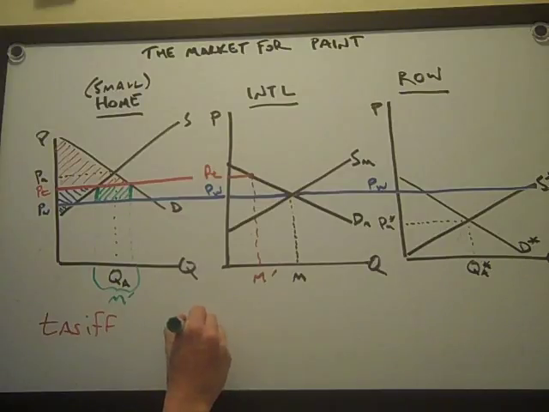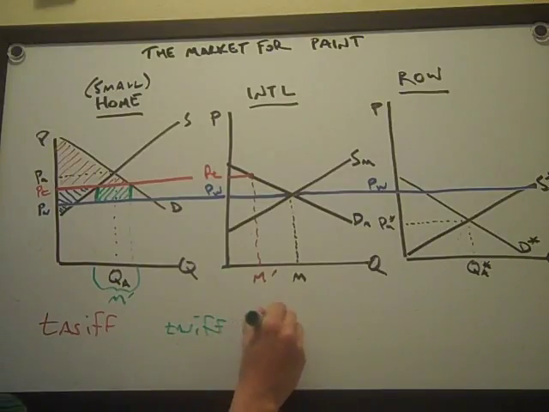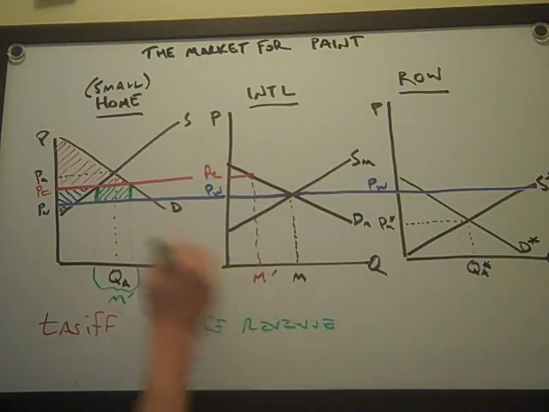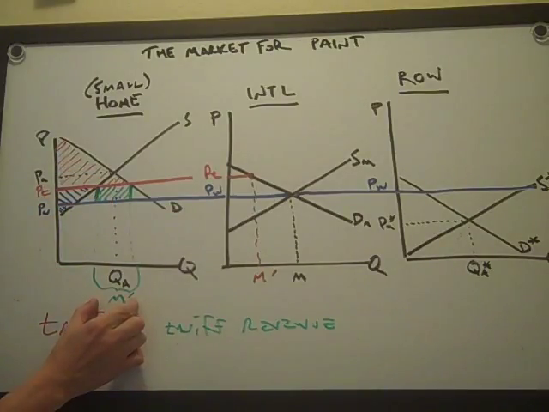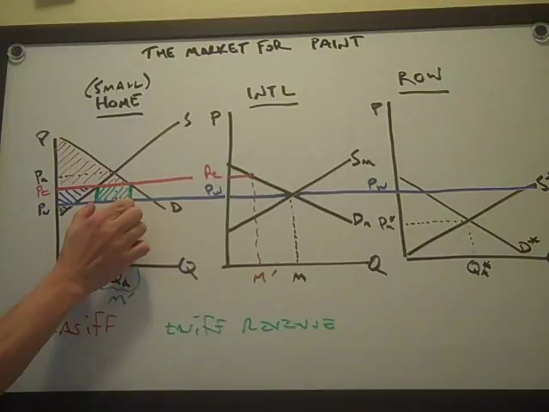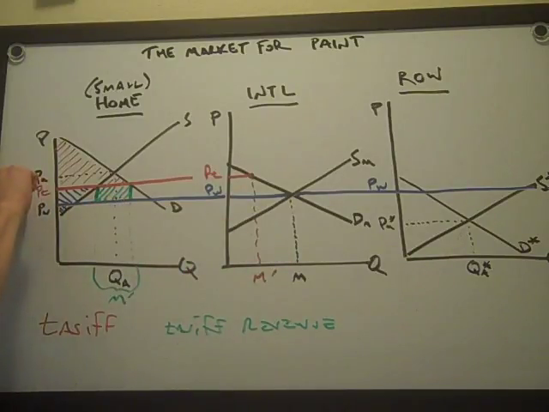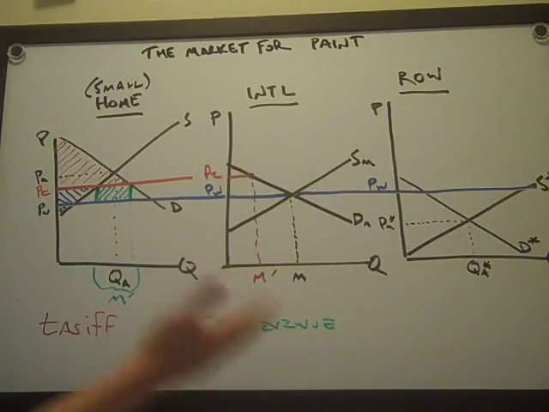Okay, tariff revenue is in green, and we know this is how much money the government would collect from this tariff because it's M prime units wide, so maybe that's like, call it 3 units. 3 units of paint are brought over, and that's the tariff. Let's call that $1. Well, 3 times $1 is $3. And if the government says every unit you bring over you have to pay us $1, and they bring 3 units over, that's $3. So that would be the value of the tariff, or tariff revenue is what we call that.